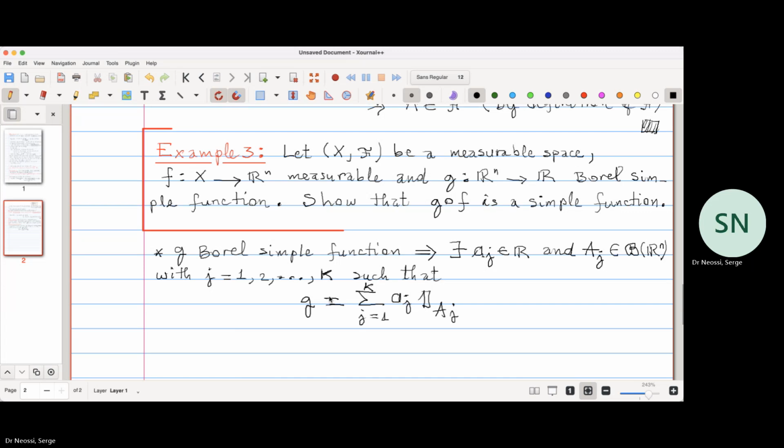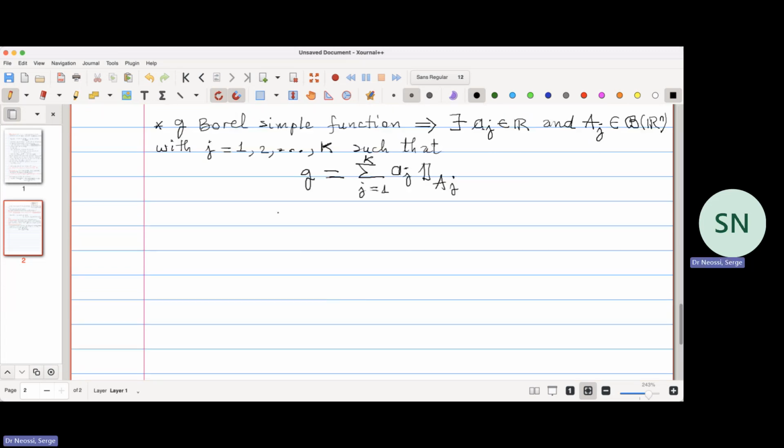So this will imply that if we take the composition of the g with f, g composition f will be equal to the sum, j running from 1 to k, aj, indicator function of A sub j, composition with f.